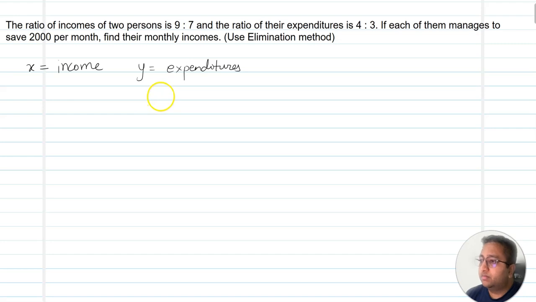And the income minus expenditure is basically the saving, which is 2000 per month for both the persons. Based on this information, I can write 9x minus 4y equal to 2000. This will be my first equation. 7x minus 3y, which will be equal to 2000, is the second equation.